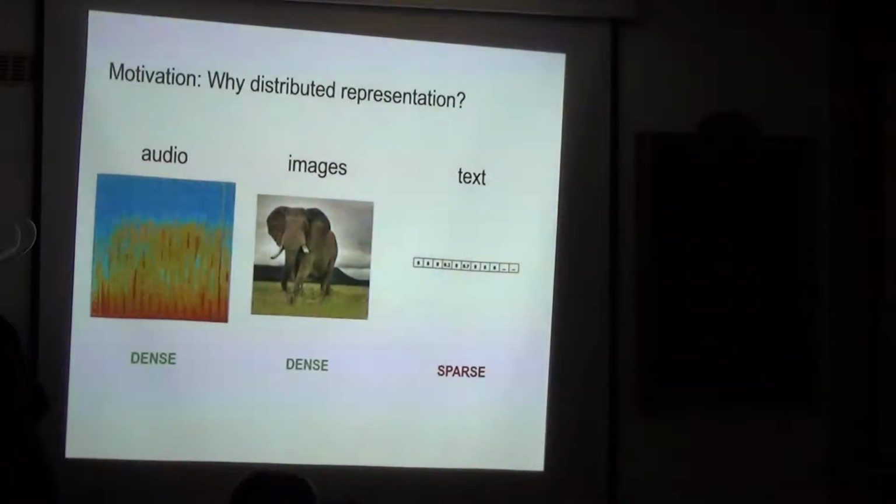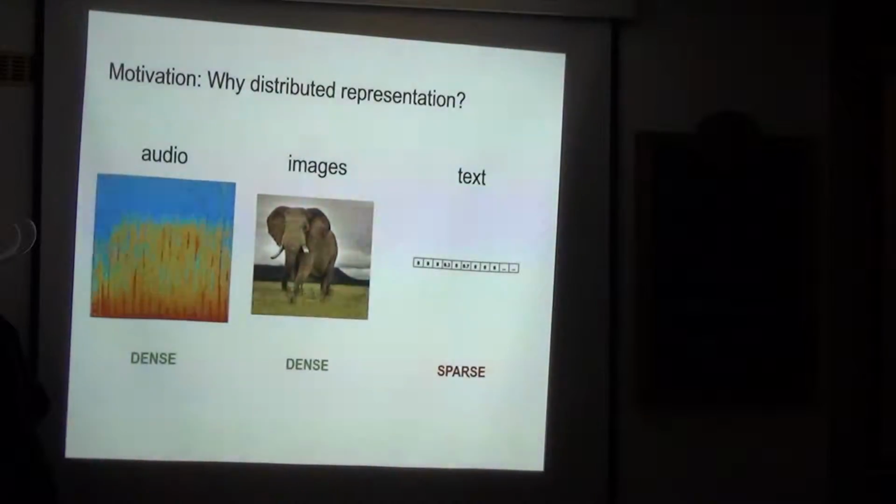So, first, why bother with distributed representation? The fact is that when we have audio, for example, we have dense representation of data because every value is non-zero, similar to images. For every pixel we have some value that carries some information.